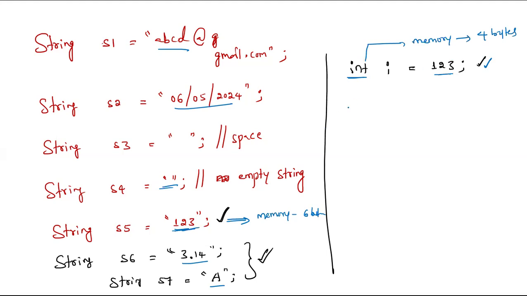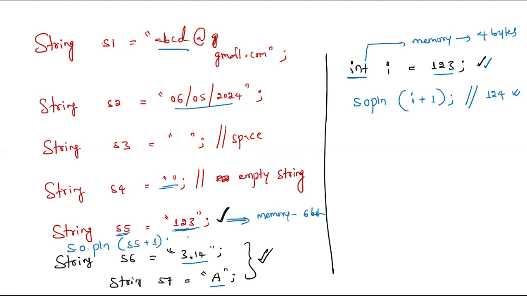Then the second example. If this is S5, and you want to print it with System.out.println(i + 1), what is the output? I is 123 and I'm adding 1, so 124 is the output, as we expect. Now I'm using the short form for writing: S5 is our variable, plus 1.